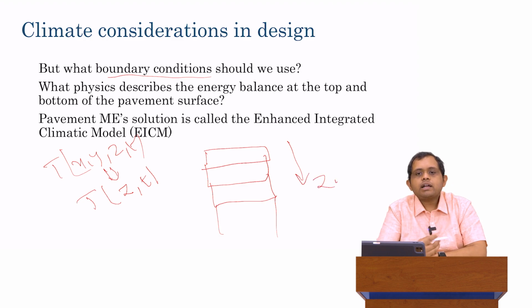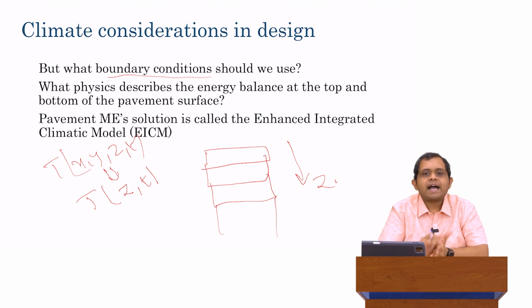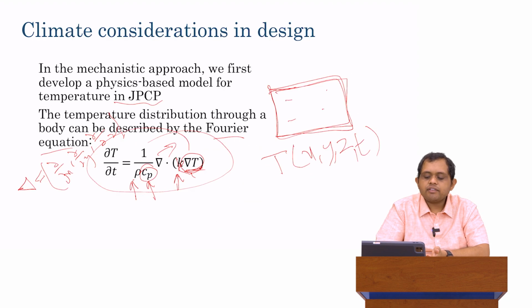So we assume that there is no dependence of the temperature on the horizontal coordinate. At any point along the pavement within a reasonable length, if we drill down and put thermocouples, we will get more or less the same vertical distribution of temperature at the same time. So that's a major assumption which we make.